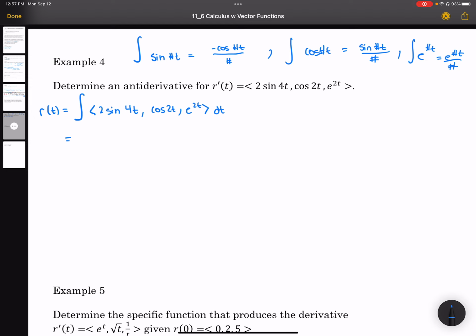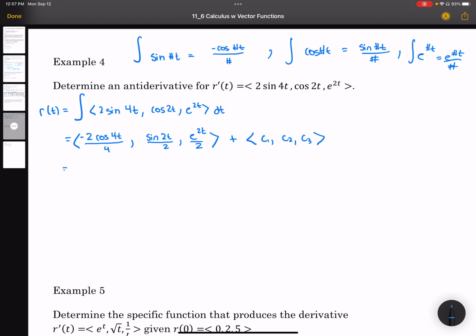So here we're going to get negative 2 cosine 4t divided by 4. We'll write this in component form. And then we're going to get sine 2t divided by 2 and e to the 2t divided by 2. And like I said, up to a constant, so we'll say plus C1, plus C2, and C3.